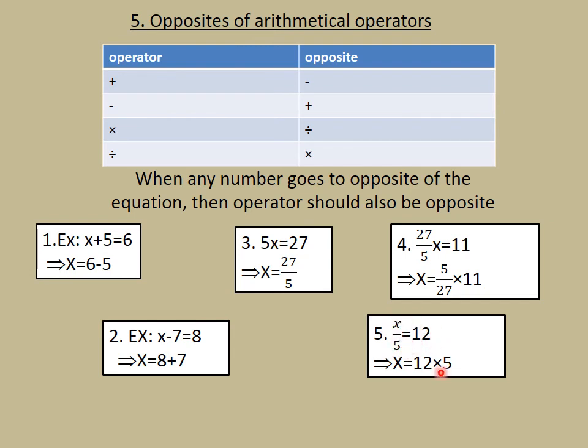So 12 into 5. Obviously, when it is in the denominator and you go to the opposite side of the equation, it has to be in the numerator. So 12 into 5. I hope you have understood.